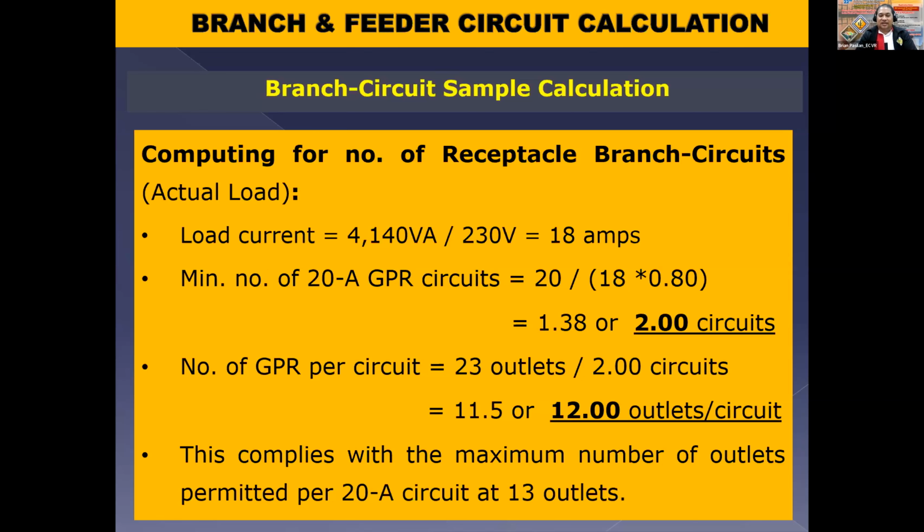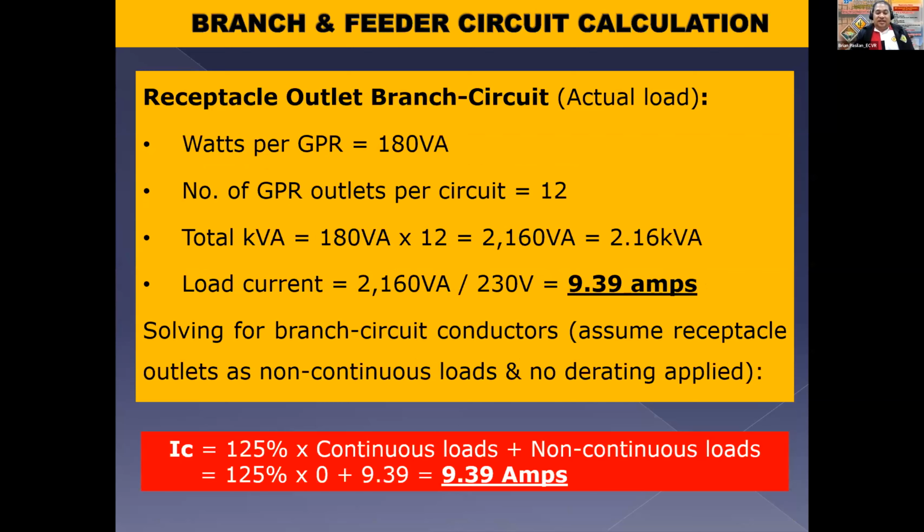So let's move to total kVA, no? And then load current per circuit is 9.39 amperes to size up for the wire, no? So ano yung size of wire natin?